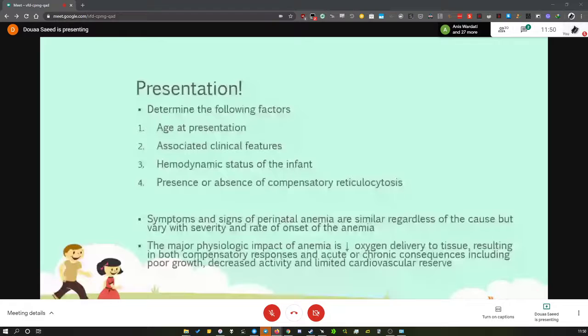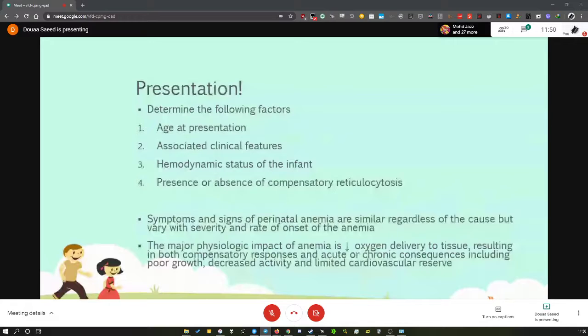Signs of perinatal anemia are similar regardless of the cause, but they can vary with the severity and rate of onset of the anemia. The major physiological impact of anemia is decreased oxygen delivery to the tissues, and that will result in both compensatory responses and acute or chronic consequences that can include poor growth, decreased activity, and limited cardiovascular reserve.